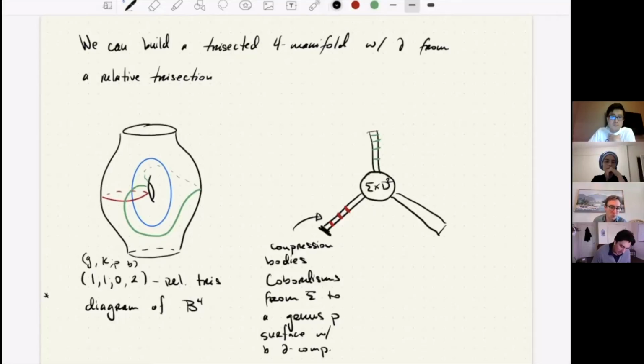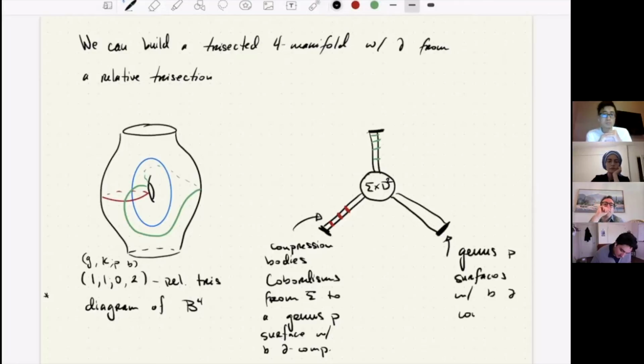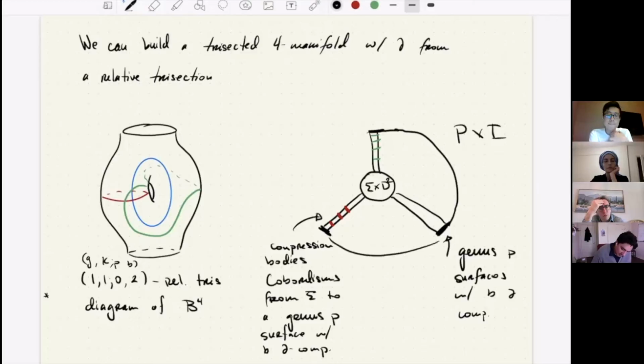And so what you have at the end of here, these are all genus P surfaces with B boundary components. So we're going to glue in this P cross I, where P is diffeomorphic to each of those ends, and do that to each of those components.